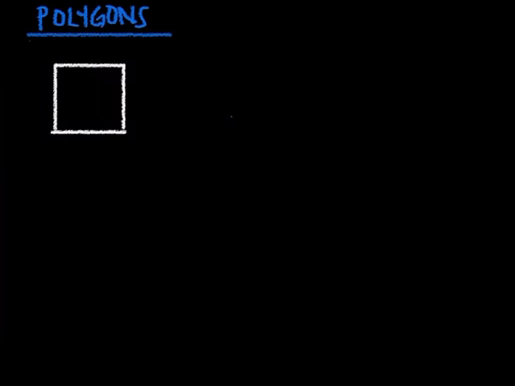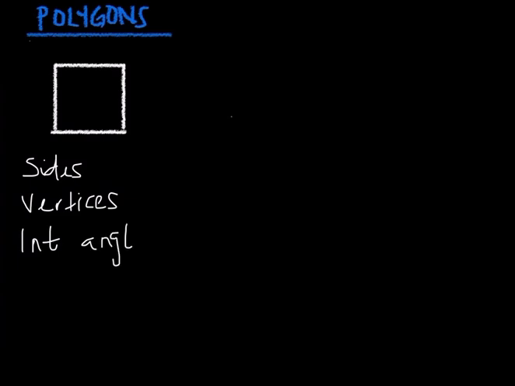What are polygons made up of? Every polygon has sides, vertices, and interior angles. Now the sides are the edges, while the vertices are the points where the sides meet.